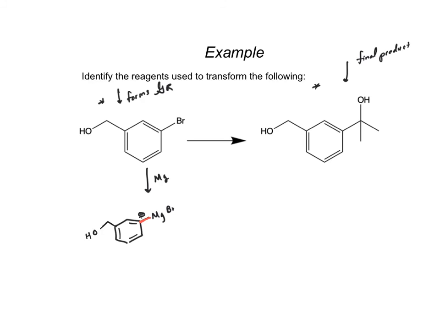But ideally, in a perfect world where we didn't have to consider this protecting, deprotecting, this is what we would do. We would then take our Grignard reagent and react it with an aldehyde or a ketone to get whatever product we're wanting to form over here. So notice that in that reaction, it's going to be this carbon that's forming a bond to another carbon, and that carbon it's forming a bond to is going to end up with an alcohol group also attached at the end.